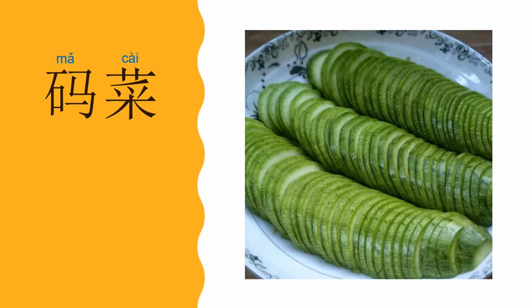It means that you cut the vegetables and then you put them nicely in a plate and let them be ready to be cooked. So 码菜 means nicely putting the ingredients you cut. 码菜. Okay, let's move on to the next one.